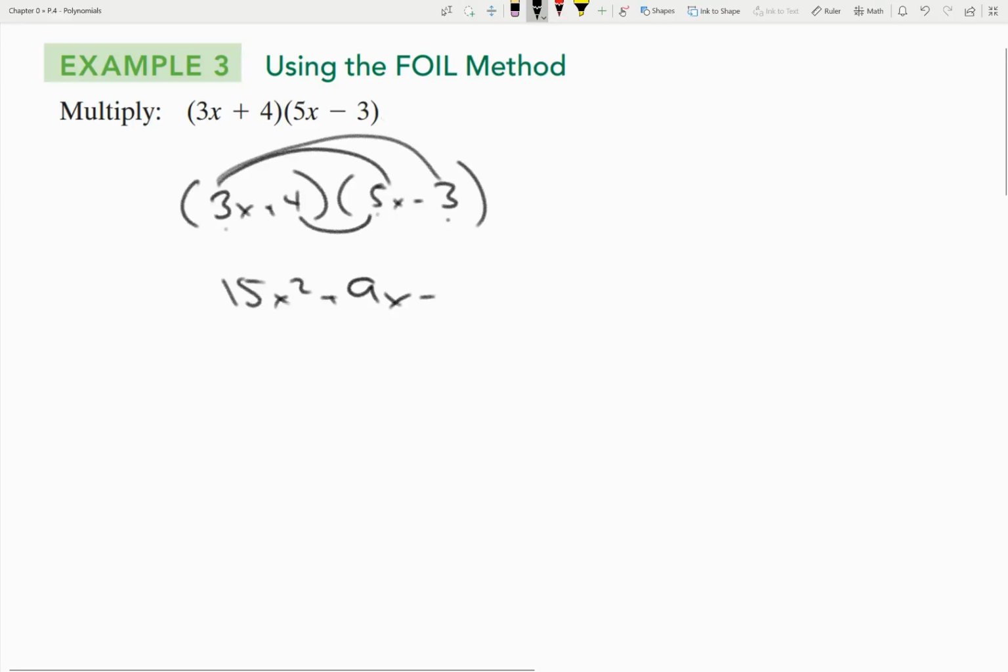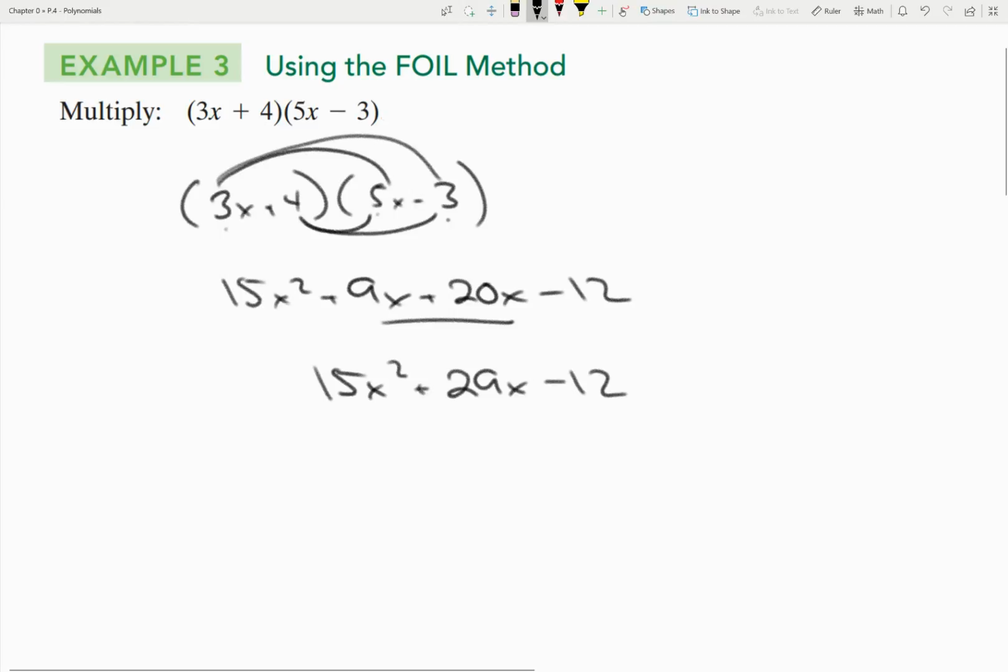So that is now 20x, and the last would be minus 12. Okay, and when we look, we just have to combine the two like terms. So we get 15x squared plus 29x minus 12. Right? When we multiply these two binomials together using the FOIL method.